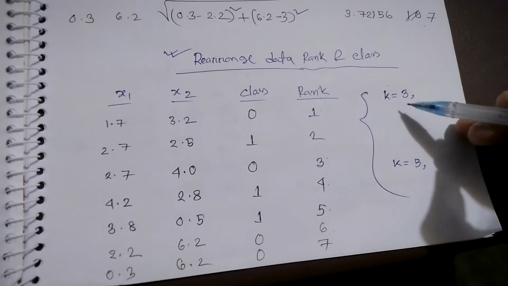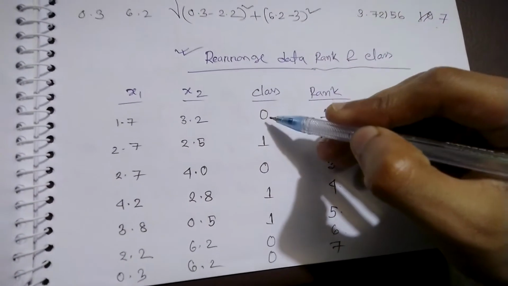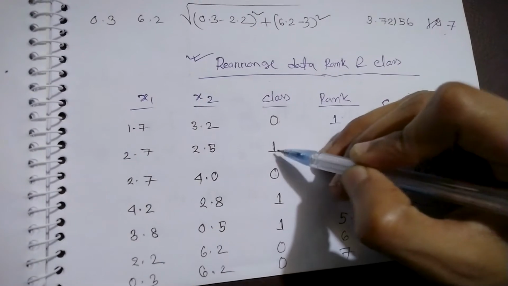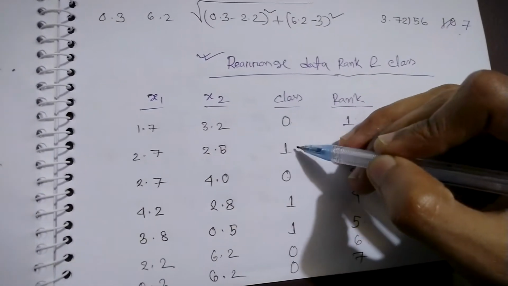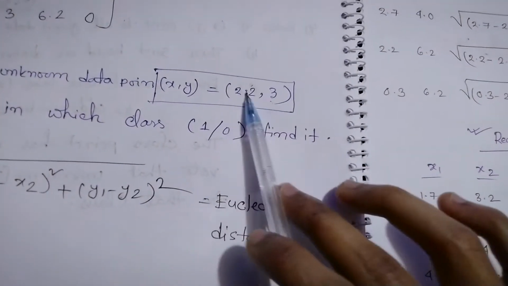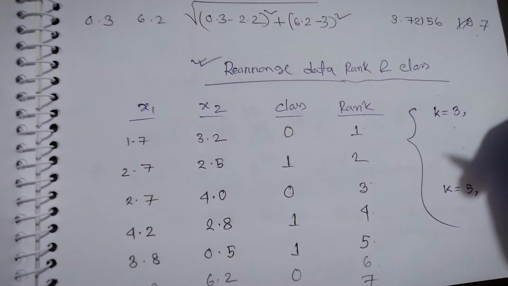So first we need to take k equal to 3. If we take k equal to 3, we have 0, 1 and 0. So 2 zeros, and 0 is actually cat, 1 is actually dog. If we take 3 values, we have 2 zeros and 1 one. So we can say this unknown data point 2, 3 belongs to 0, which is cat.